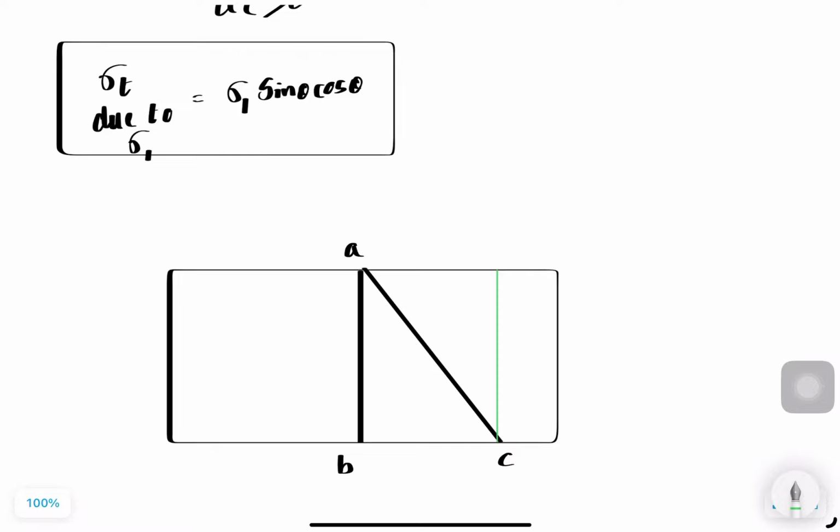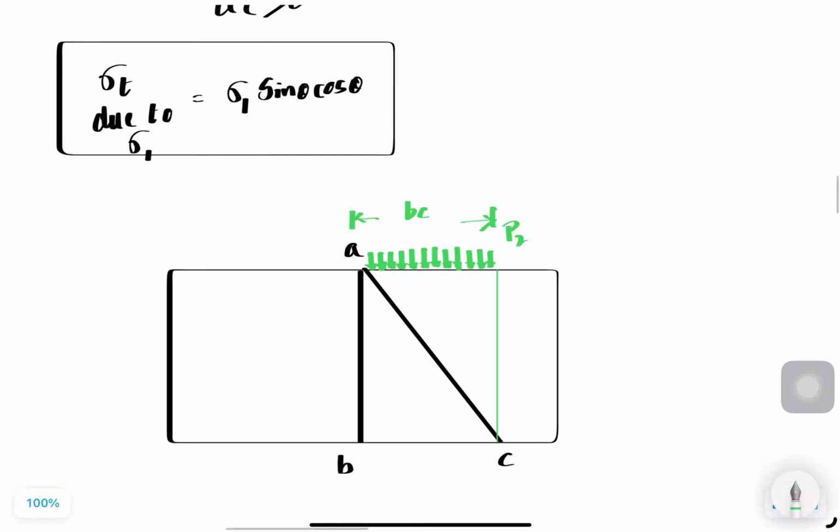So this distance should also be equal to BC. I'm going to localize my attention only on the load that is acting on this region. So the load that is acting on this region, let me say it is P2.